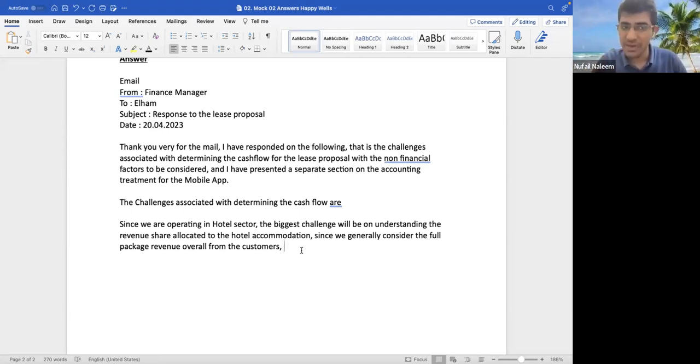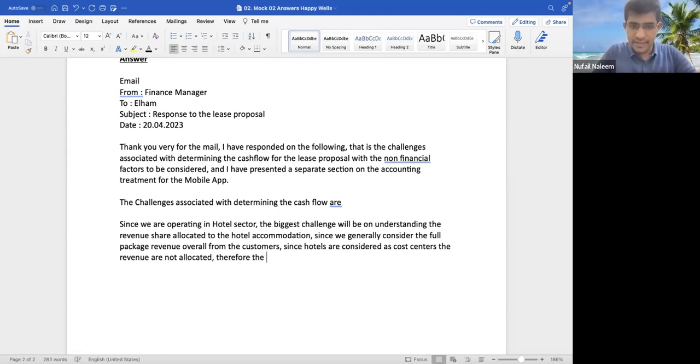And can you remember these hotels are considered as a cost center? So the biggest issue is revenue is not allocated. So I'll write down here, since hotels are considered as cost centers, the revenues are not allocated. Correct, students, if I'm not mistaken?